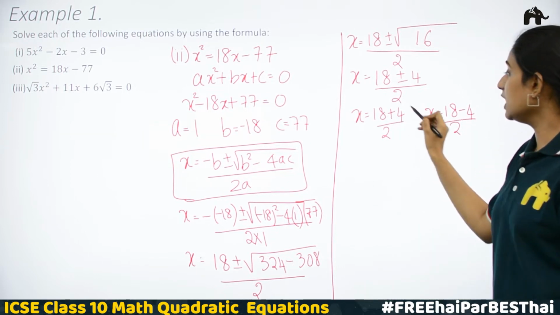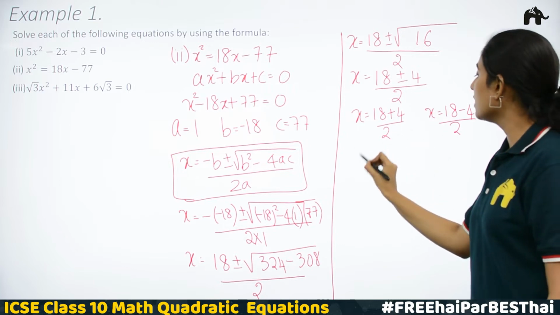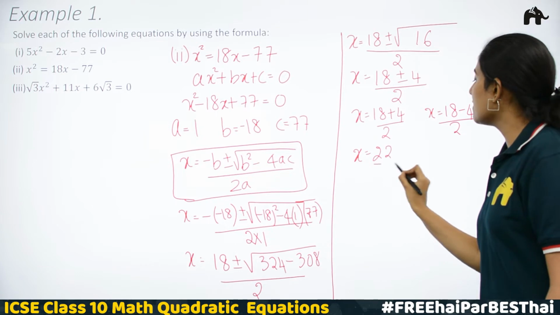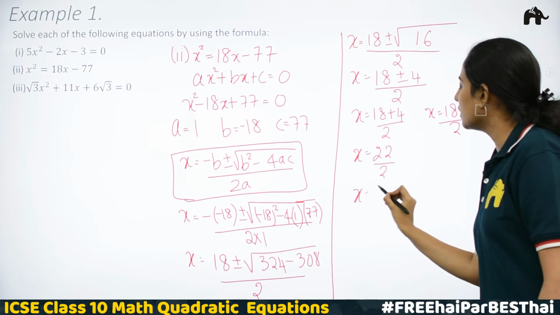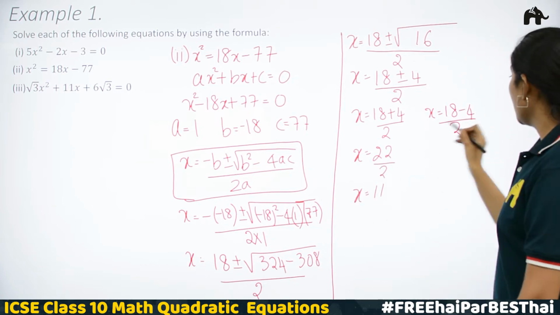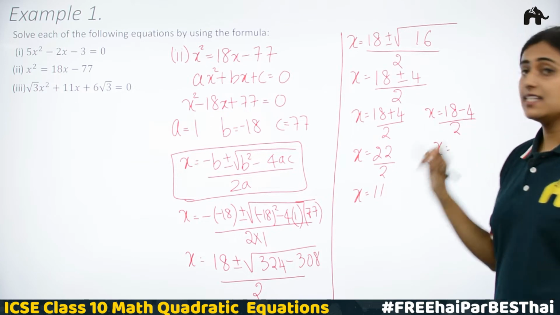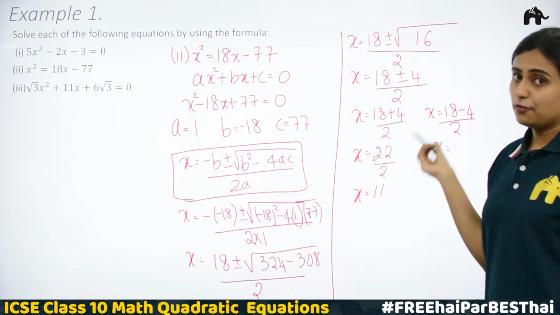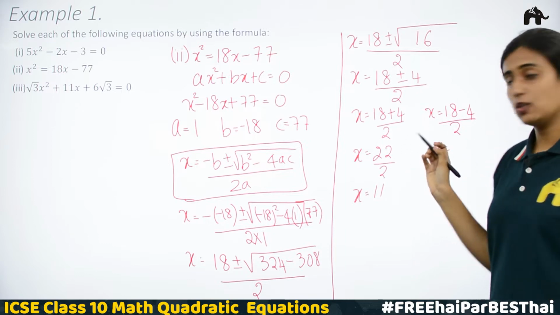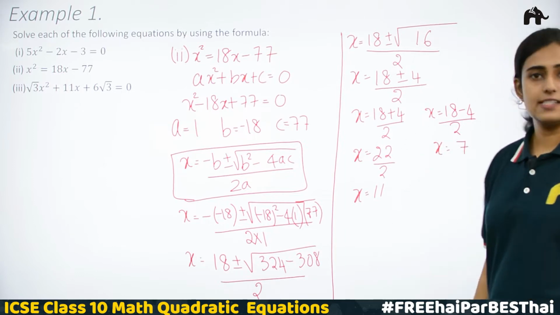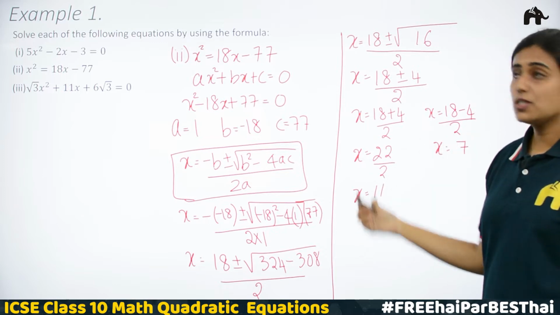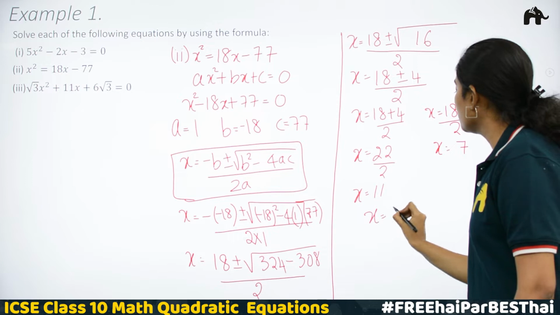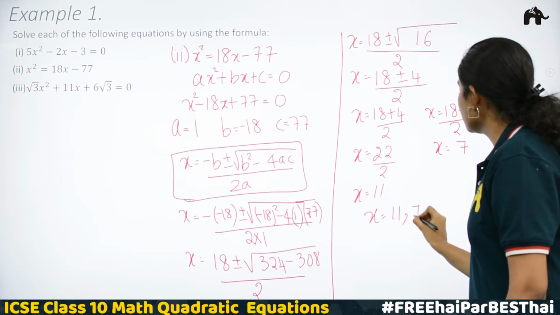What is 18 plus 4 divided by 2? 18 plus 4, that is 22 divided by 2. x is equal to 11. Now x is equal to 18 minus 4 by 2. 18 minus 4 is 14. 14 divided by 2, you get 7. x is equal to 7. The possible roots of the quadratic equation are x is equal to 11 or 7.